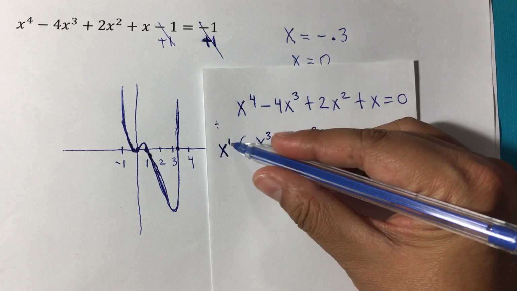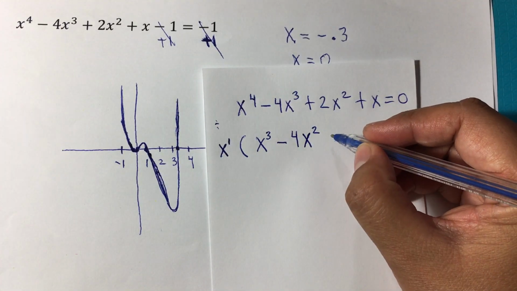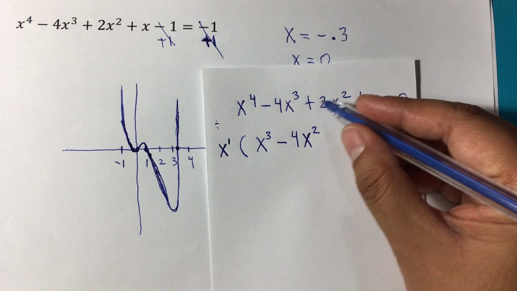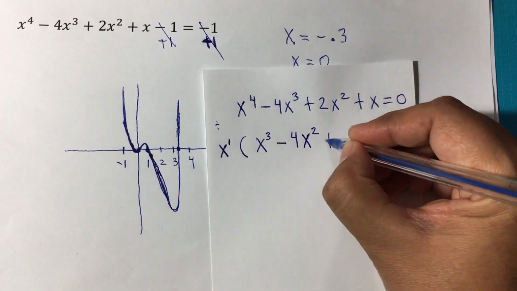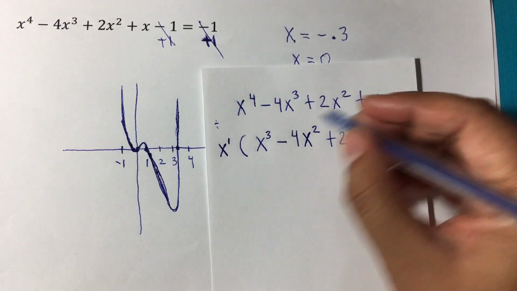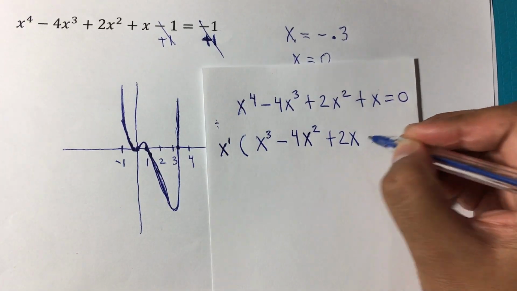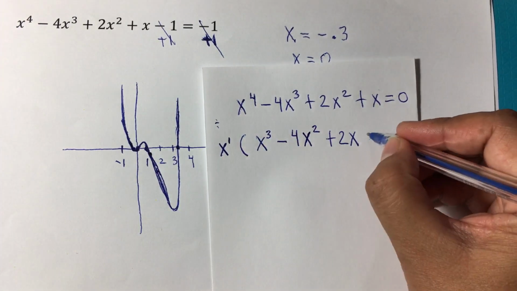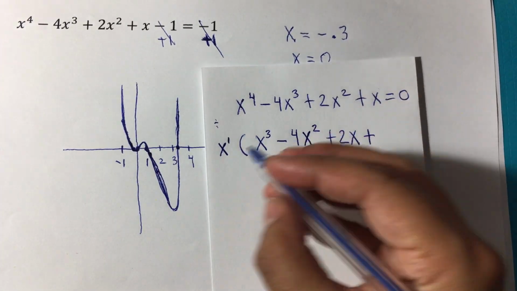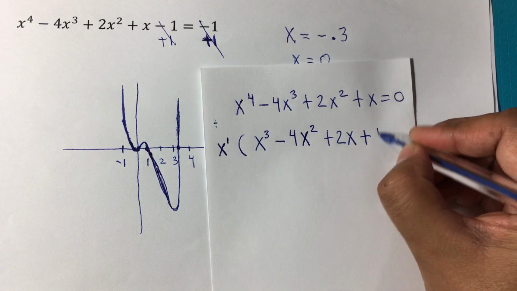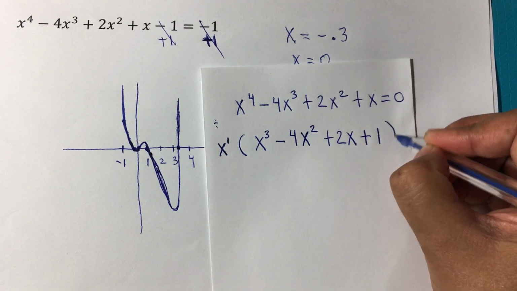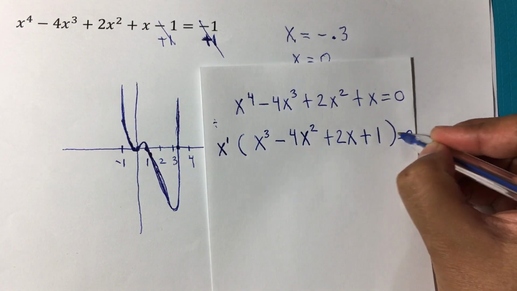Then 2 divided by 1 is 2. x squared divided by x is x. Positive divided by positive is positive. x divided by x is 1. And that's all for now.